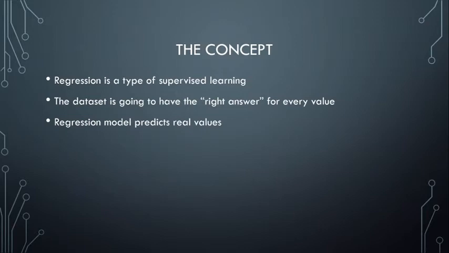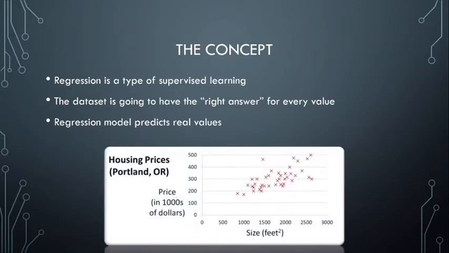And let's understand this with an example. So suppose I got this data set of housing prices of an area in Portland. For every value of x on the x-axis, let's say this size, we have the right value along the axis of price.